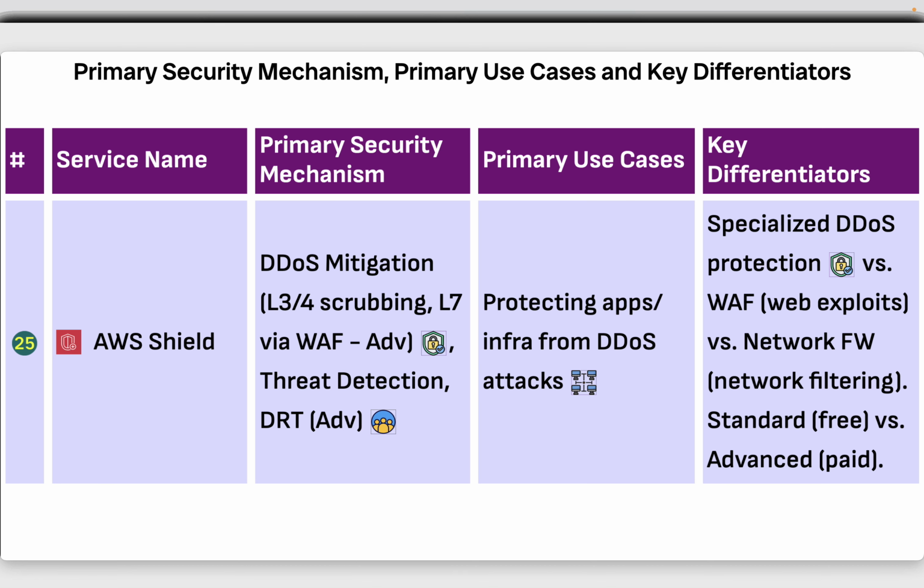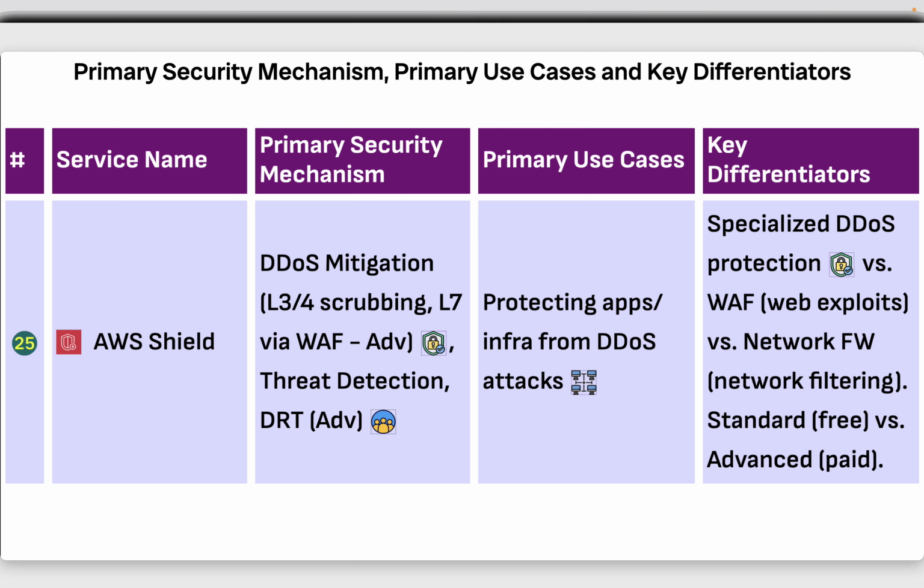AWS Shield. Primary security mechanism is DDoS, distributed denial of service, mitigation at Layer 3 and Layer 4 through scrubbing, and Layer 7 through Web Application Firewall advanced mode. Next, we have threat detection and the DRT, which is the DDoS Response Team.